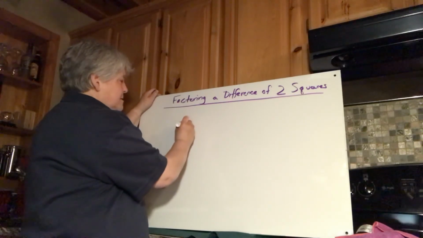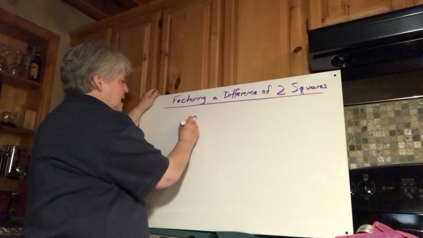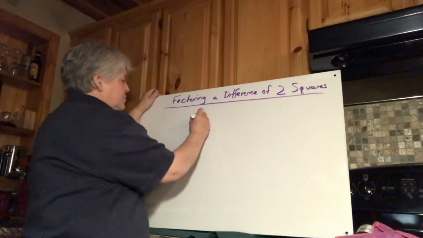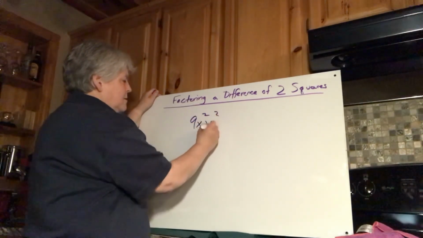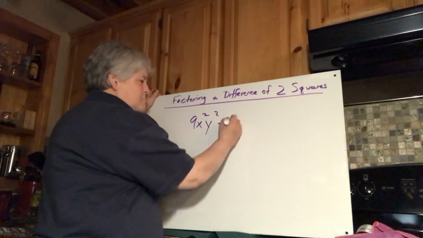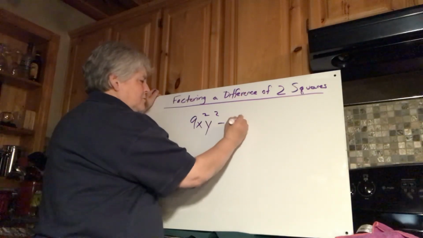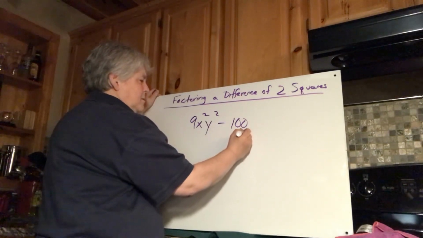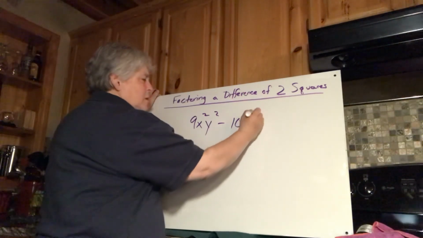Okay, so finally here's a couple more. How about something like, let's say 9x squared y squared minus, let's say 100w squared.